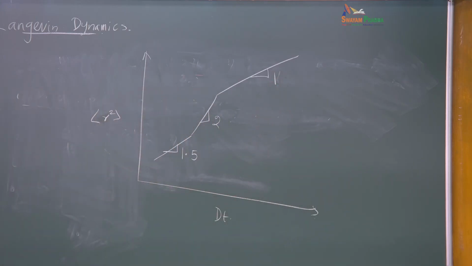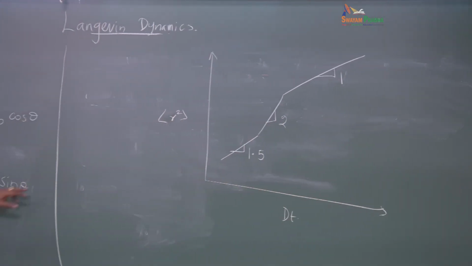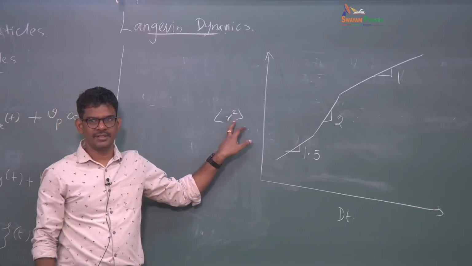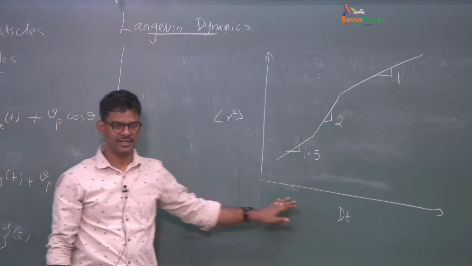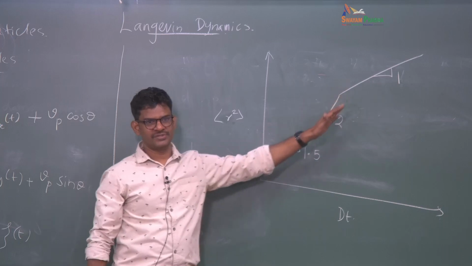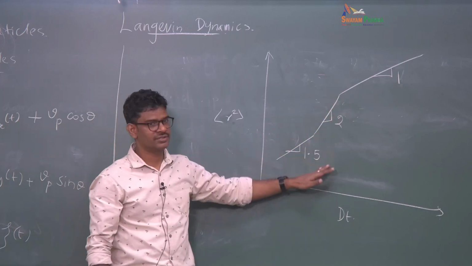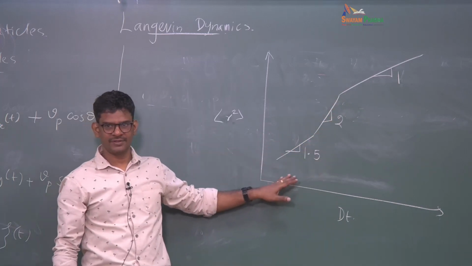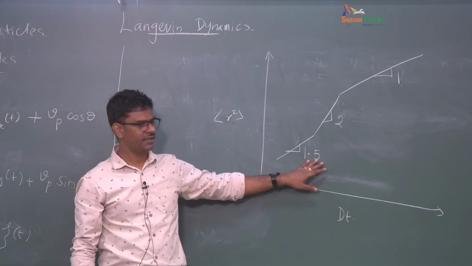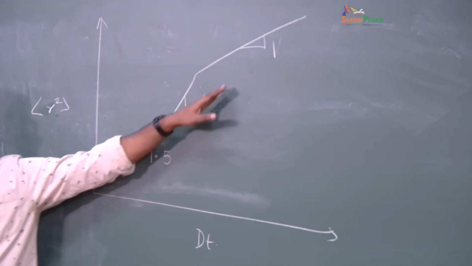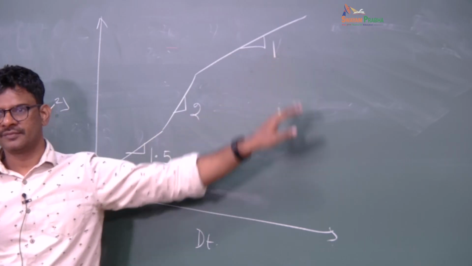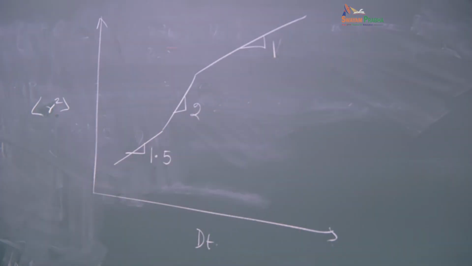This particular problem has an analytical solution, and if you calculate the mean square displacement as a function of time in log scale, you will see 3 different regimes, okay. There is one regime which is called super diffusive with a slope of 1.5, then there is a ballistic and then there is a diffusive regime, okay. So this extra feature here comes in because of the fact that we have added self propulsion here, okay.